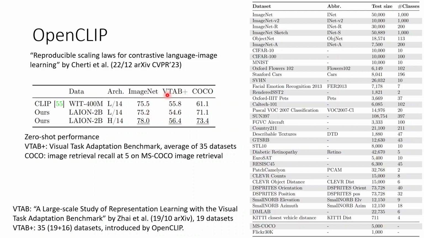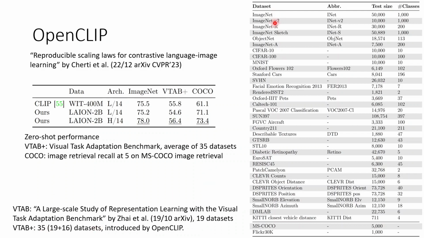And VTAB Plus is Vision Task Adaptation Benchmark, and there are 35 data sets. The 35 data sets were extended from a paper called VTAB, a large-scale study of the representation learning. There were only 19 data sets, and in the paper of OpenCLIP, they extend the 19 data sets to 35.